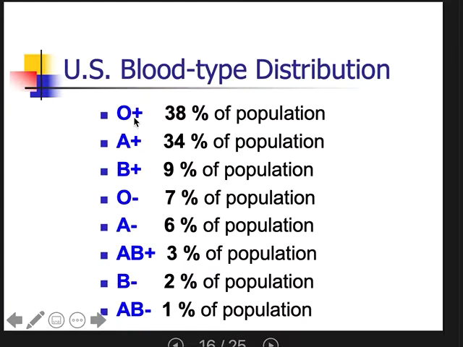Next, you have A positive, where you have both the A antigen and the Rh antigen, and that's also very plentiful in our population. And then everything else is really small.